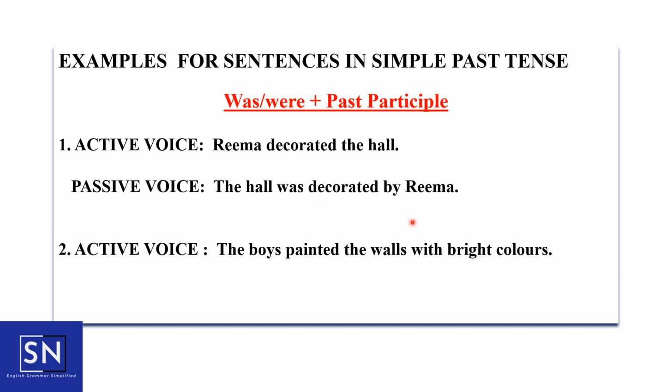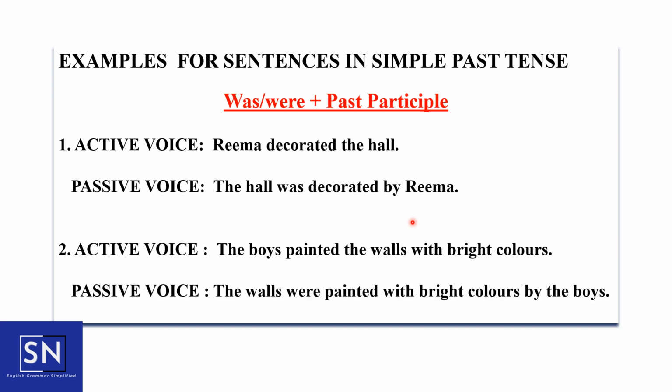Next one. The boys painted the walls with bright colors. So here the subject is the boys. Verb, painted. Object, the walls. Now according to our rule, the walls painted is already in past participle form. So what are you going to use as the auxiliary verb?